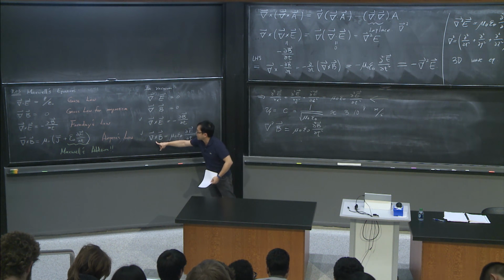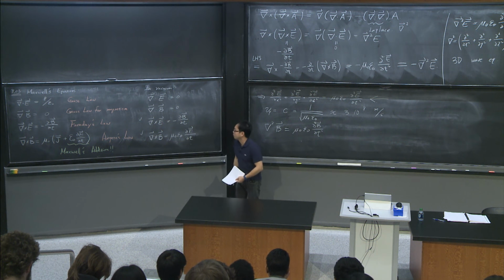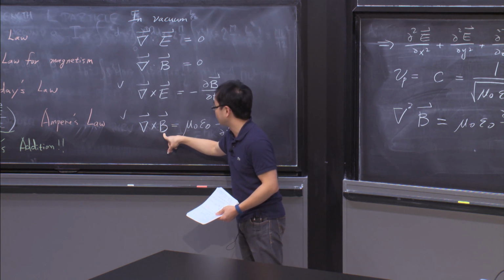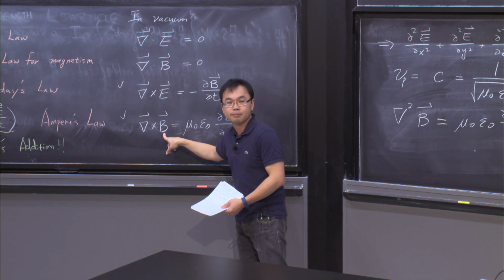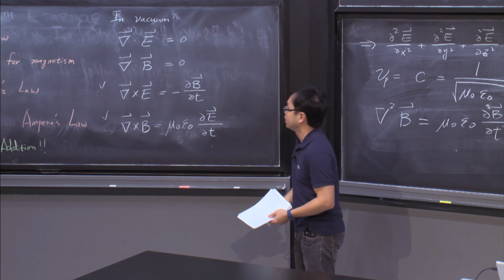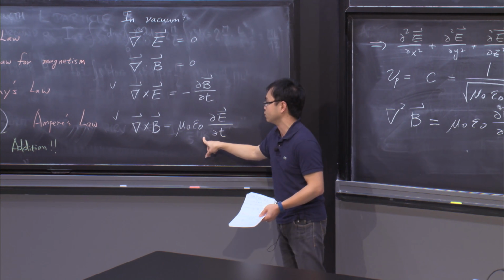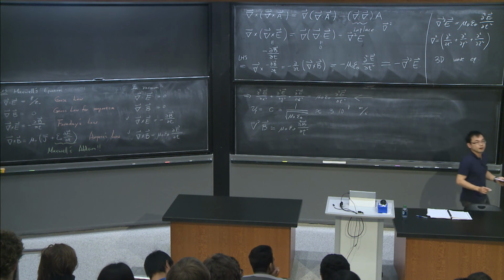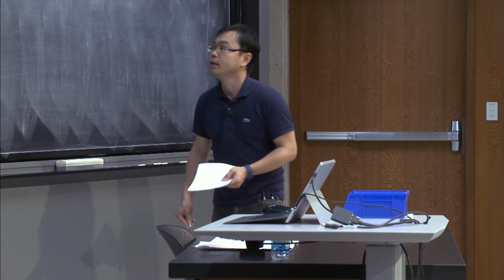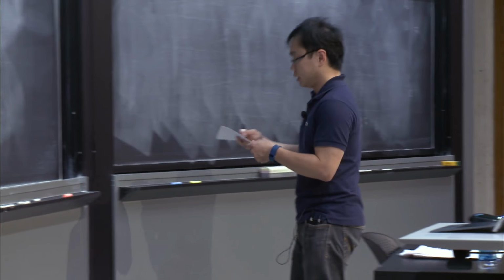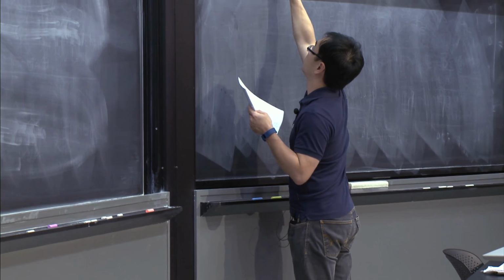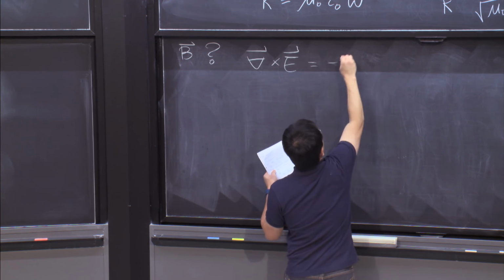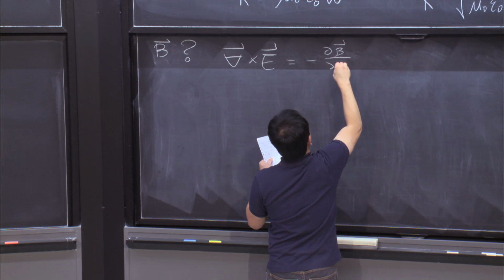On the other hand, if you use Ampere's law, you will be in trouble, because you don't know Bx, By, and Bz, and you have to evaluate the curl, and you get a lot of terms equal to something from the information of the electric field, and that would be very difficult to evaluate. So therefore, what we are going to do is to use Faraday's law. Curl of E will be equal to minus partial B, partial t.